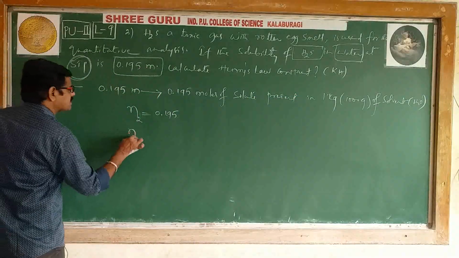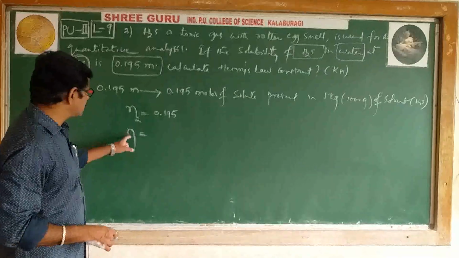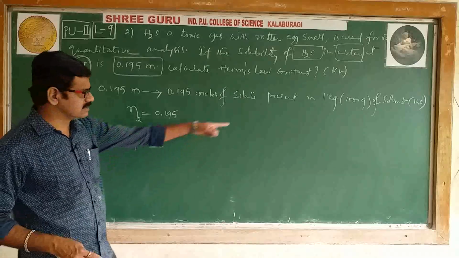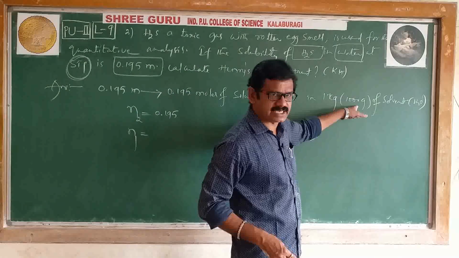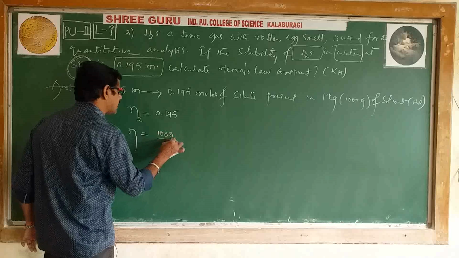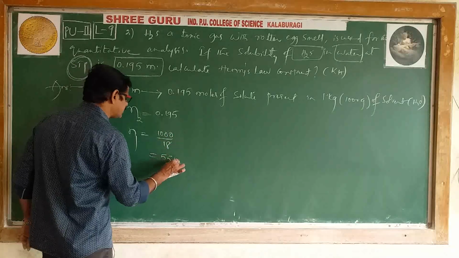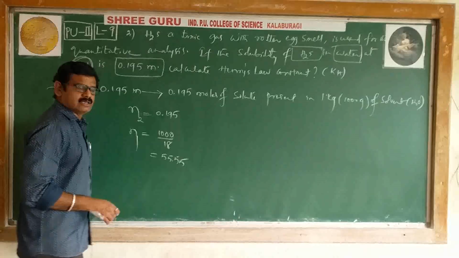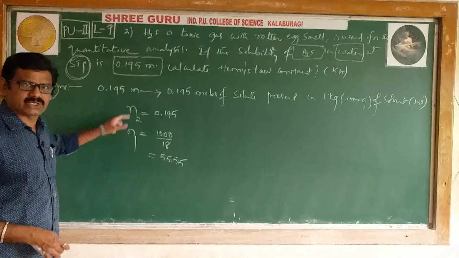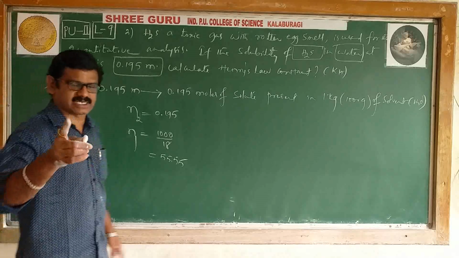Now I want to calculate the solvent. The solvent is designated with the number 1. Number of moles is mass by molar mass. Again we have 1 kg, nothing but 1000 grams. Mass is available, 1000 grams divided by molar mass 18, which is 55.55. Then with the help of N1 and N2 we can easily calculate the mole fraction.